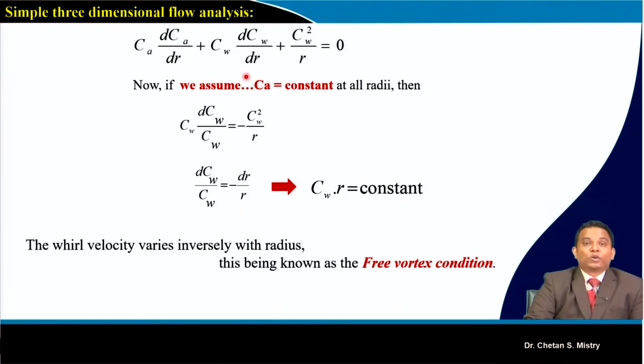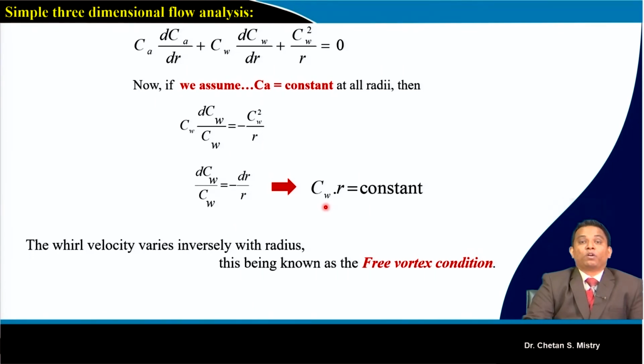If that is the case, then our equation simplifies. Simplifying further, dCw by Cw equals minus dr by r, and written in simplified form, Cw into r is constant.